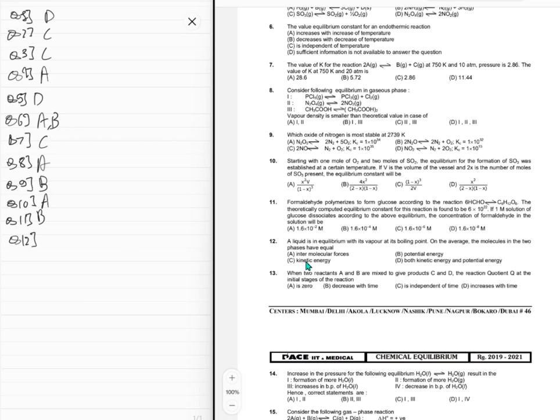So the kinetic energy of the leaving molecule, that must be more than the kinetic energy of the gas molecules. So yeah, this will make sense. Potential energy, it's definitely not the same intermolecular forces. And what does D imply? Does it mean kinetic energy plus potential energy, or, I don't know, I'm just gonna go with the thing that seems more intuitive. I'm gonna go with C.